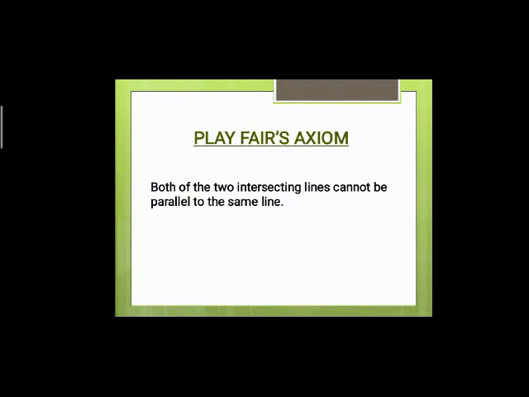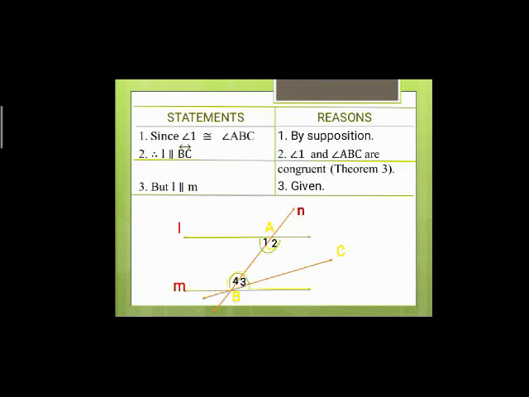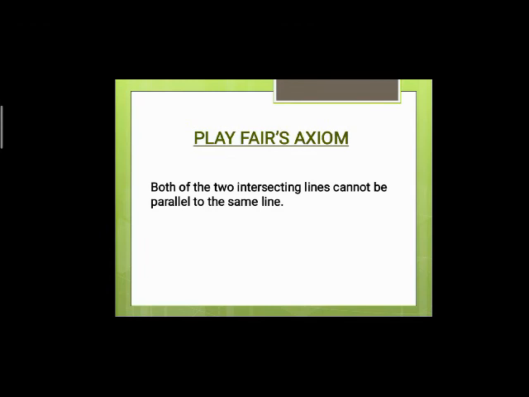So by the parallel axiom, two intersecting lines cannot be parallel to the same line. That's the parallel axiom that we used for that proof that we already discussed. Here we have again two different statements: line L is parallel to line BC and line L is also parallel to line M. That's why we use that parallel axiom, that two intersecting lines cannot be parallel to the same line.